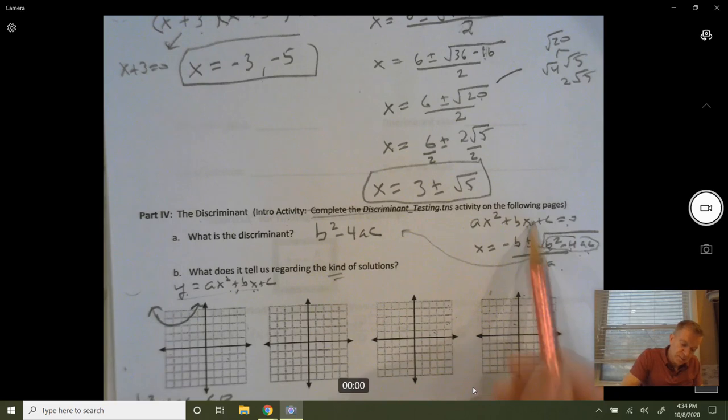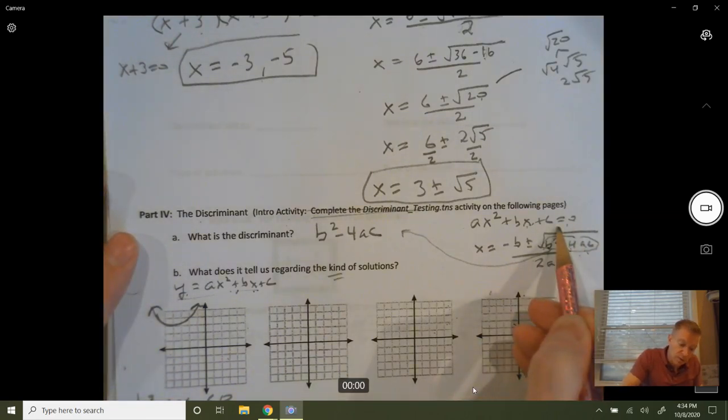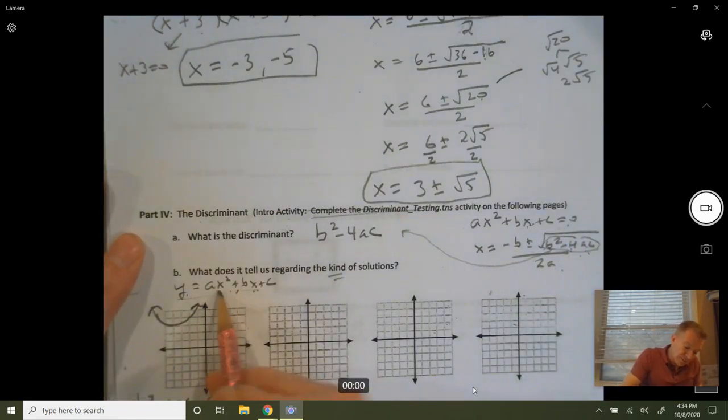That's why sometimes we use solutions and zeros kind of interchangeably, but really there's solutions to this equation where we've set it equal to 0, but there's zeros to this graph.